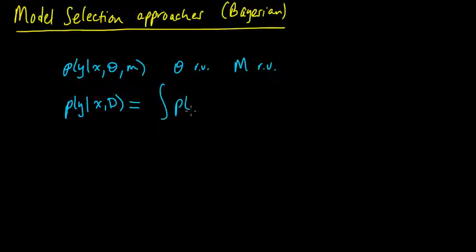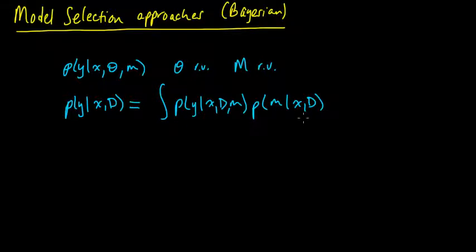Well, we need to integrate out our model. So we have the integral of the probability of y given x, the data, and the model, times the probability of the model given x and the data, integrating with respect to the model, little m.